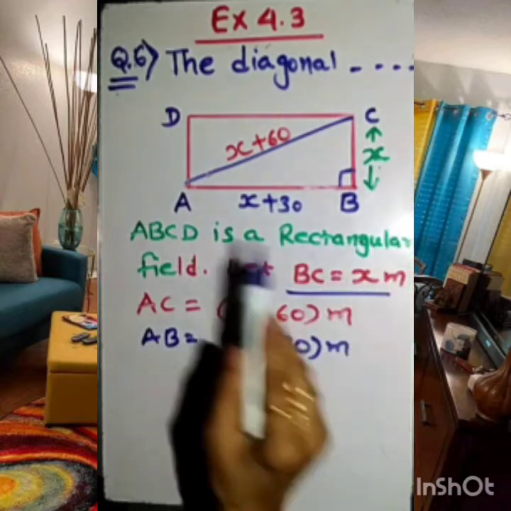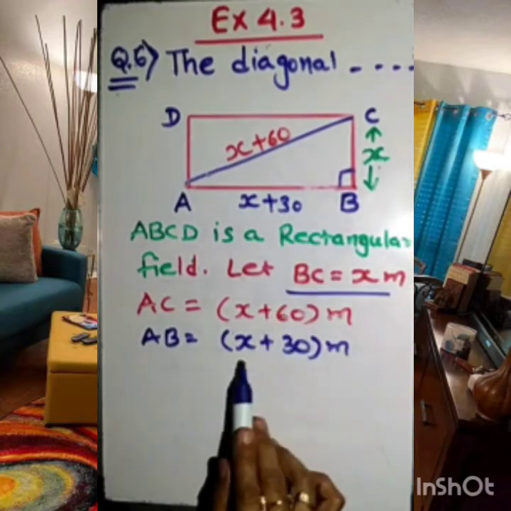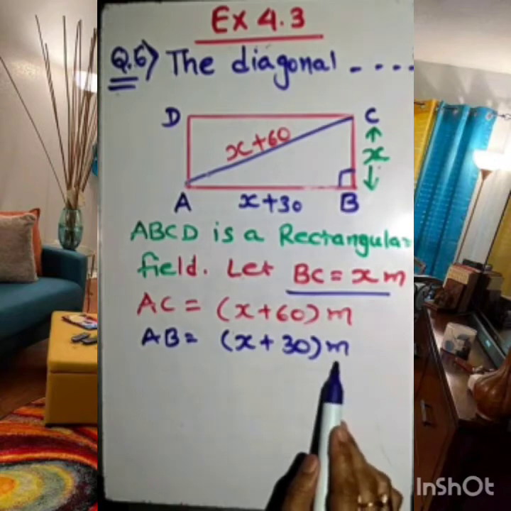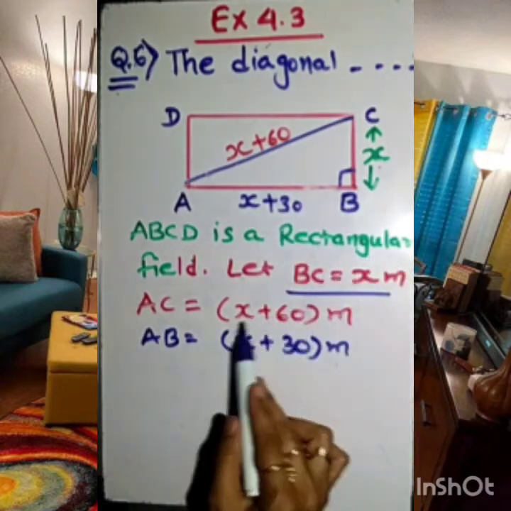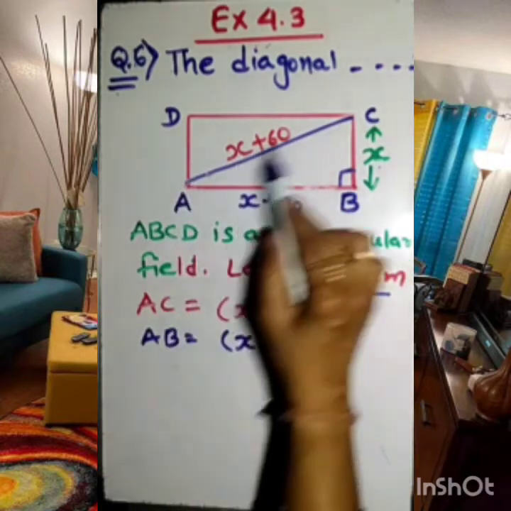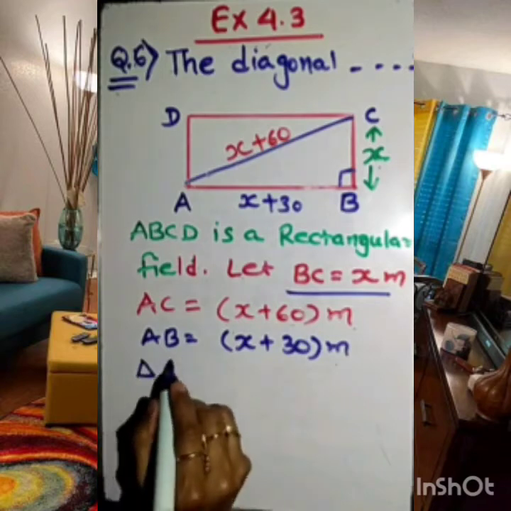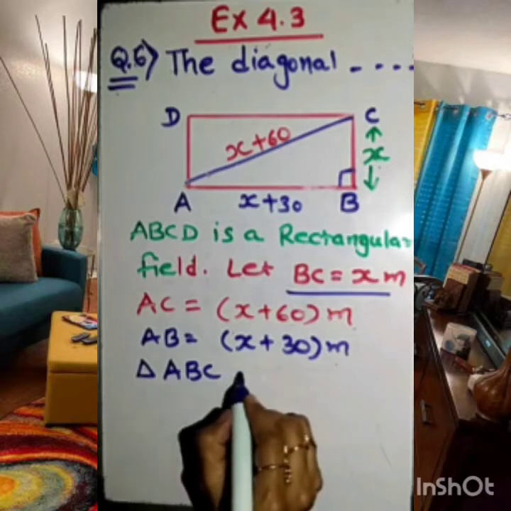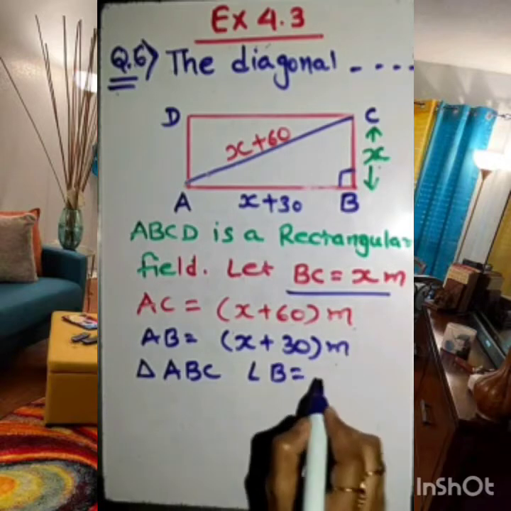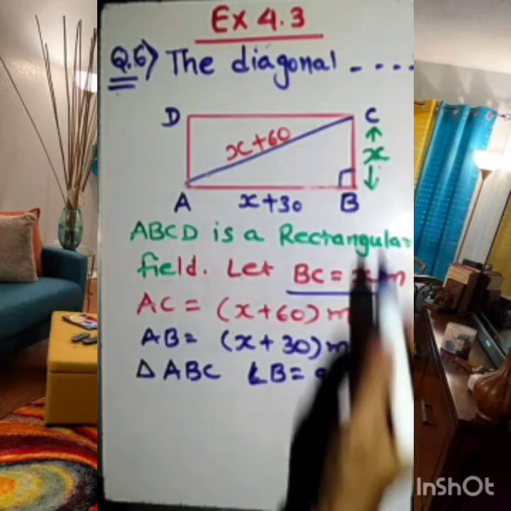In the question the other side is 30 meter more than that, so it will be x plus 30, and the diagonal is 60 meter more than that, so it will be x plus 60 meter. This is the diagonal. Now we are talking about triangle ABC. In triangle ABC, angle B equal to 90 degree.